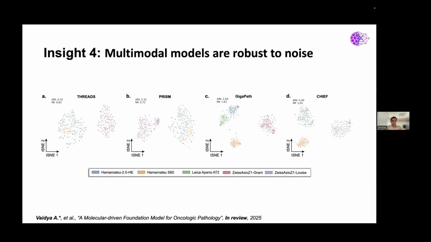When we ran this experiment, we see that Threads and Prism, both multimodal models, are not able to cluster the slides by the scanner, which is a sign that they are robust to noise. Whereas GigaPath, on the other hand, is able to do the clustering very well by the scanner. And this is really showing that multimodal signal, when training, can lead to good regularization and less effect by the noise.